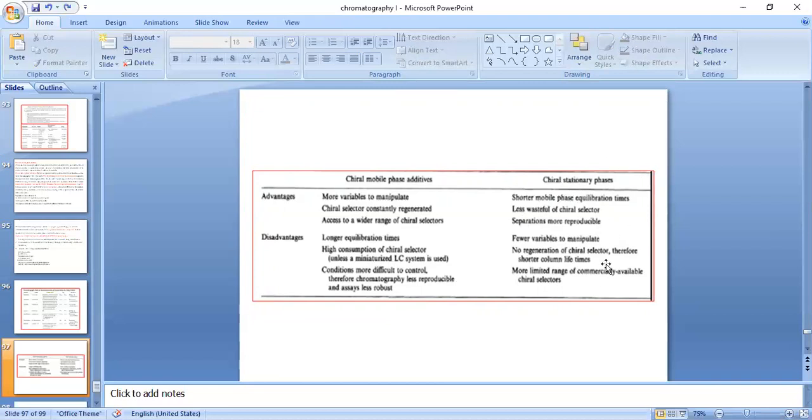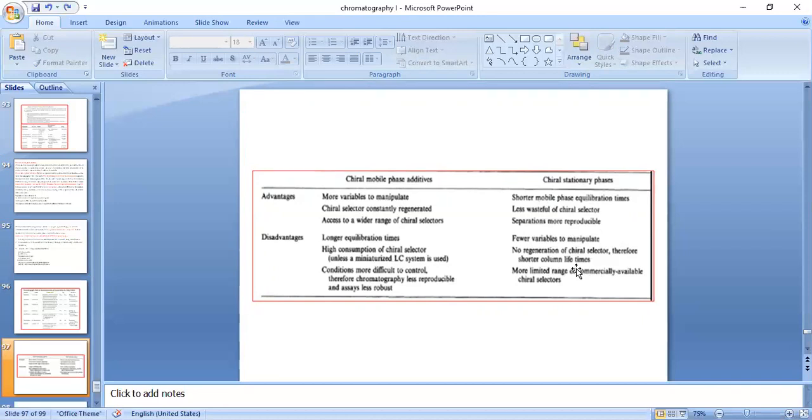While in case of a chiral stationary phase, there is less wastage of the chiral selector because you can reuse the chiral stationary column once the separation is over. So they can be used again and again. Separations are more reproducible in case of the chiral stationary phase, but there are again disadvantages: we have fewer variables to manipulate because you have the chiral stationary phase.